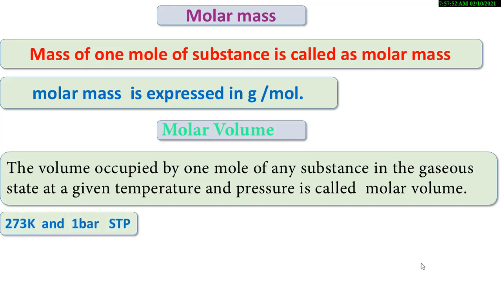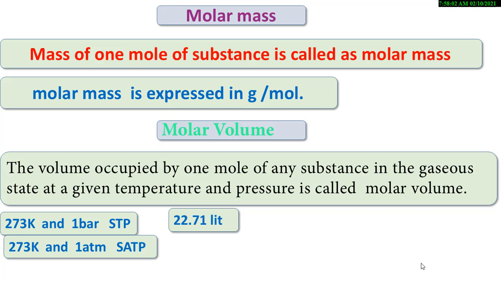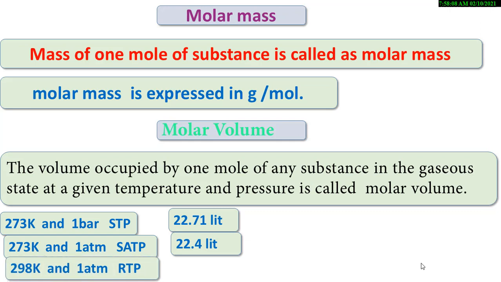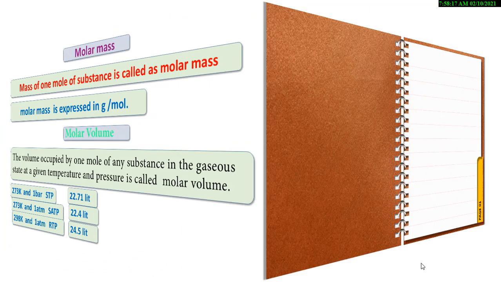Value of molar volume at 273 Kelvin and 1 bar pressure is equal to 22.71 liter. At 273 Kelvin and 1 atm pressure, molar volume is equal to 22.4 liter. At 298 Kelvin and 1 atm pressure, molar volume is equal to 24.5 liter.